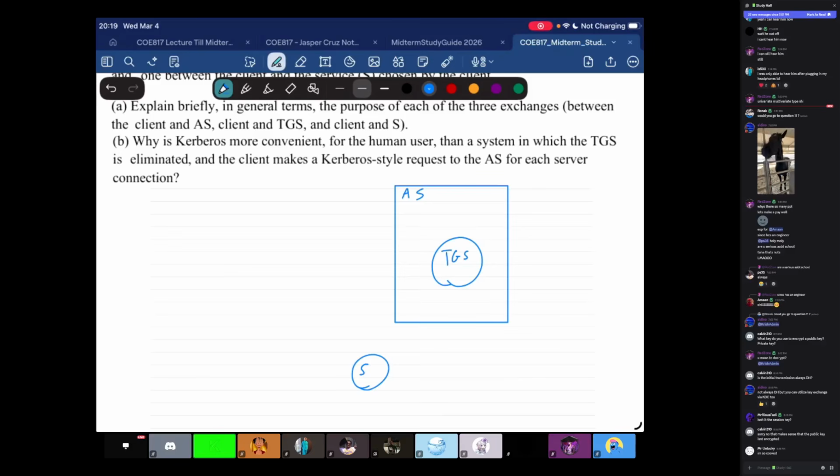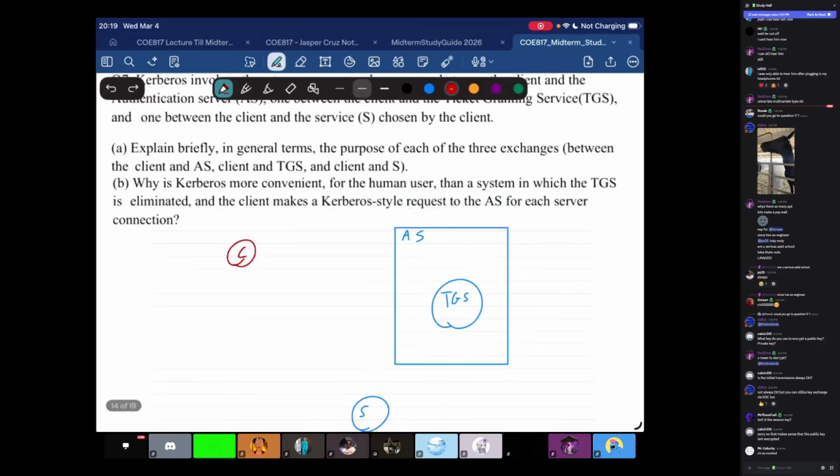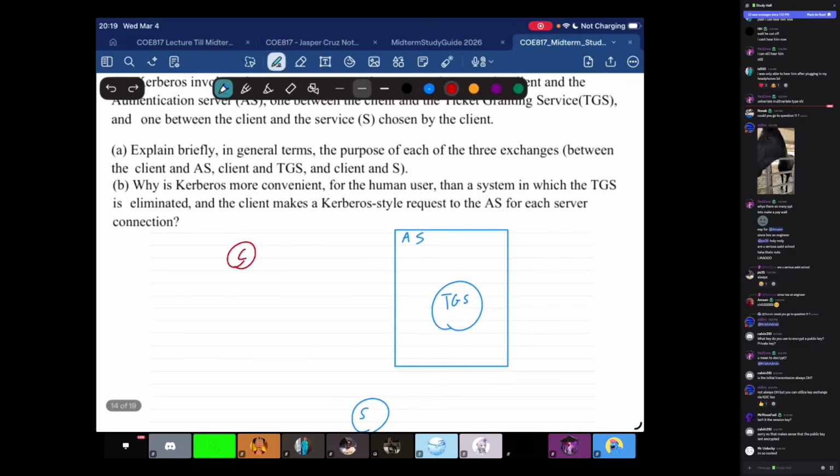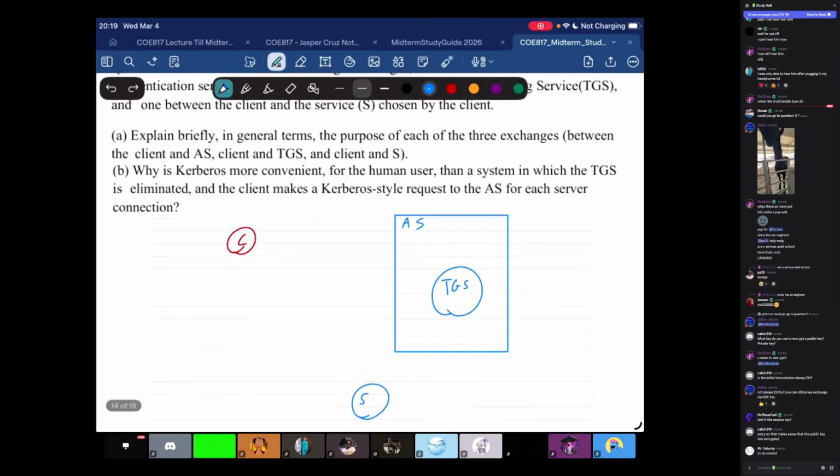Let's call this S. As a client wanting to initiate communication with said service, we know that Kerberos is a method where one single initial verification occurs, and you can prove yourself and communicate with any service that you need to.